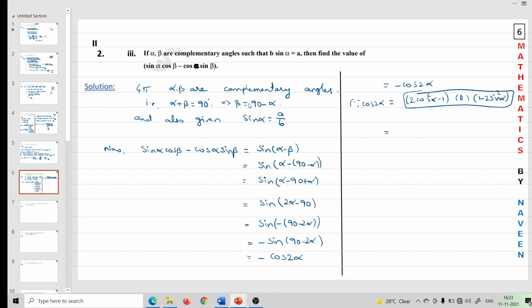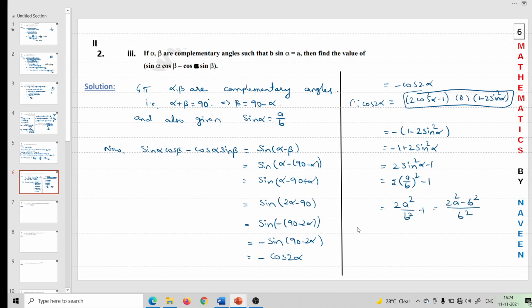Why? Because here we have the sin alpha value; we don't have cos alpha. So I am using the second formula, that is minus of 1 minus 2 sin square alpha, which equals minus of minus 1 plus 2 sin square alpha, which is 2 sin square alpha minus 1. That is 2 into sin alpha value a by b, a by b whole square, minus 1. That is 2 times a square by b square minus 1, LCM is b square, which is nothing but 2a square minus b square.